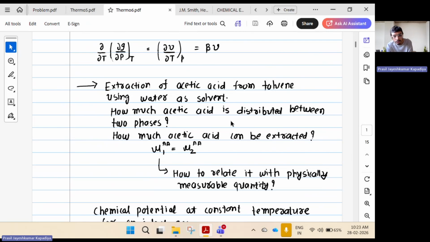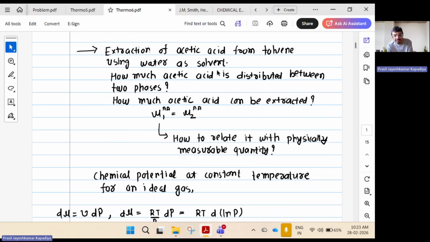Till mu1 is equal to mu2, this transfer of acetic acid from the aqueous phase to the toluene rich phase is going to occur. So I'm just saying that this will happen till the chemical potential of each component is the same in each phase.